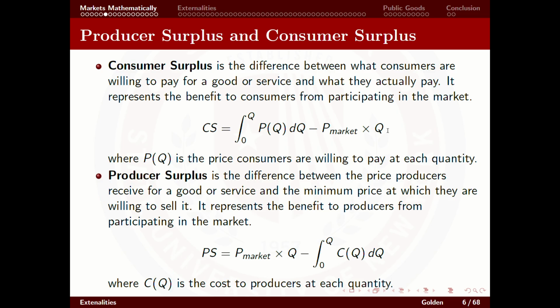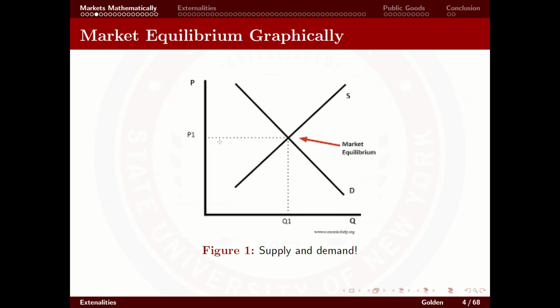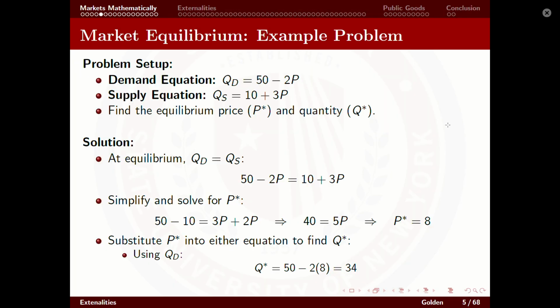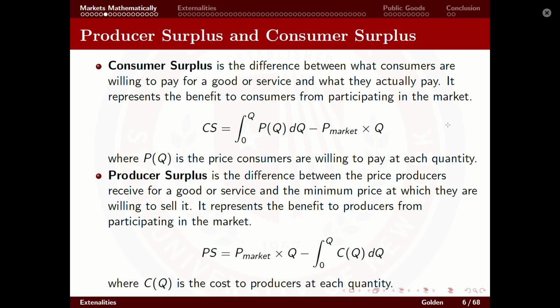If you take the demand curve and integrate all the way down, you get that area, and that should give you the consumer surplus. The idea is that if you're paying as much as you are willing to pay, you're not really getting a surplus. So really, surplus is the amount you're willing to pay above the price.